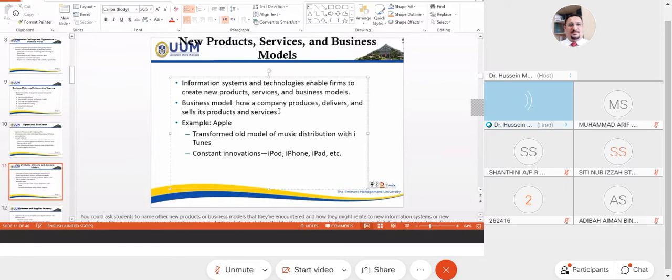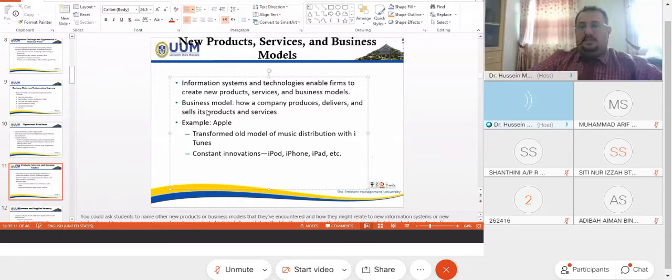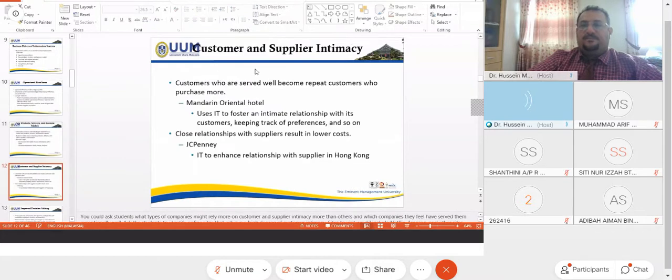During COVID 19, how did companies create new business models? Because they deliver product to your door. This is a new business model, because before we didn't have this kind of thing, right? But next, number three, customer and supplier intimacy.